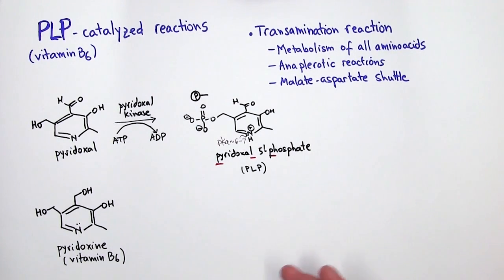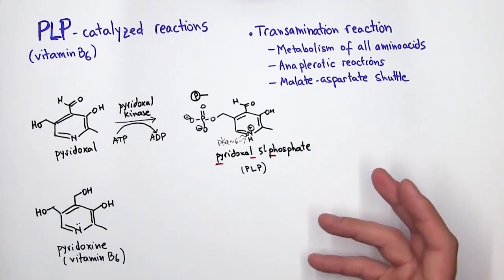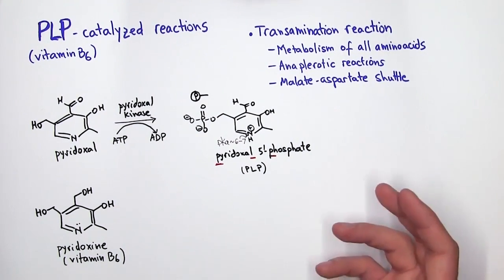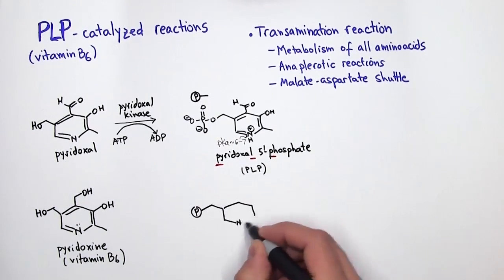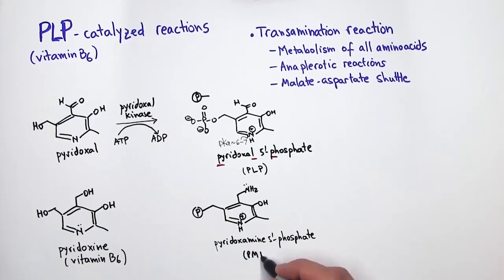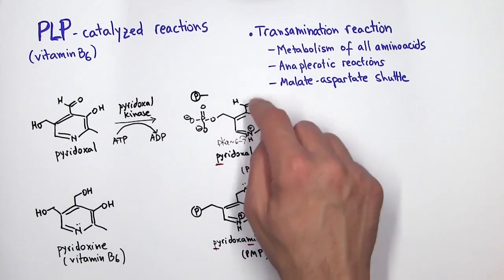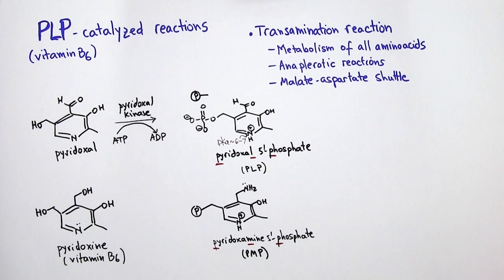Now, a related molecule is pyridoxamine 5-phosphate, which we'll see is an intermediate in the mechanism of PLP catalyzed reactions, also known as PMP. Notice PMP has an amine group here, which replaces the aldehyde group, which is the business end of the molecule.